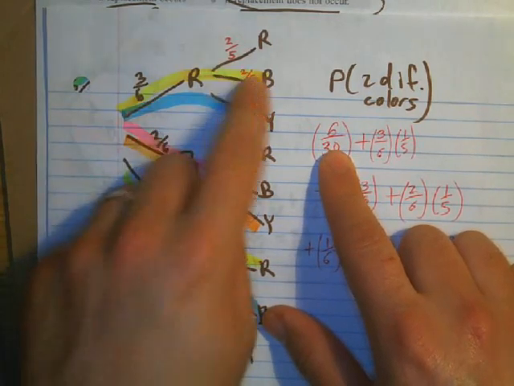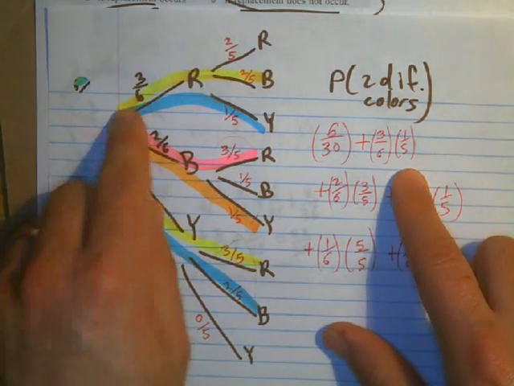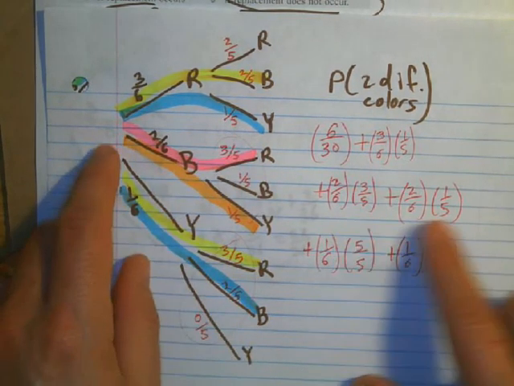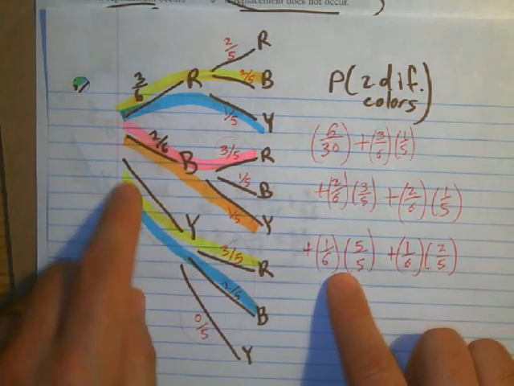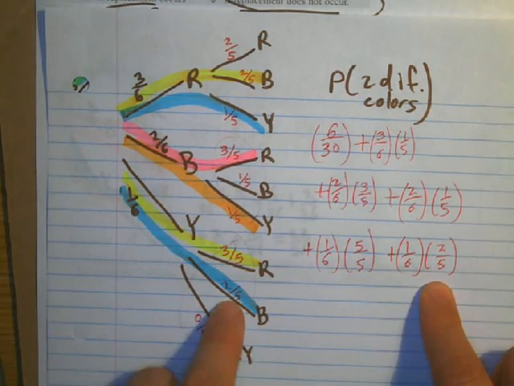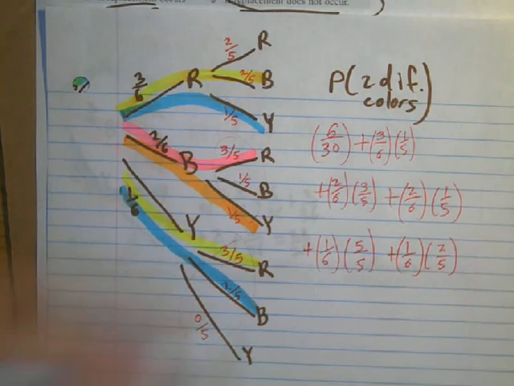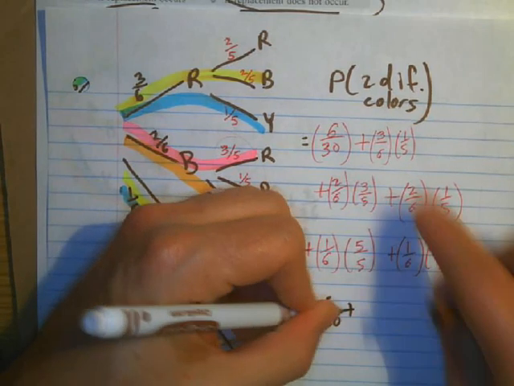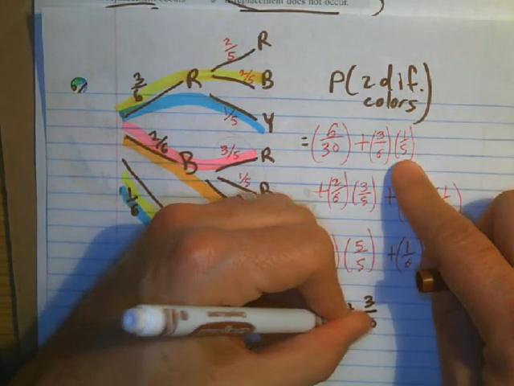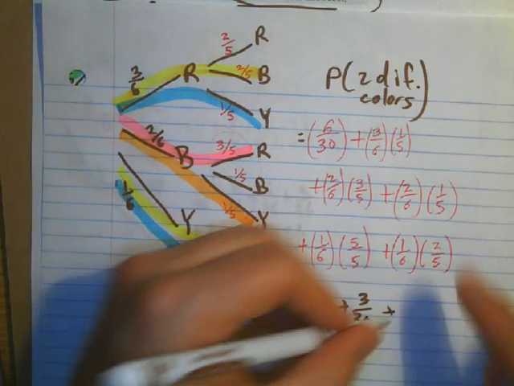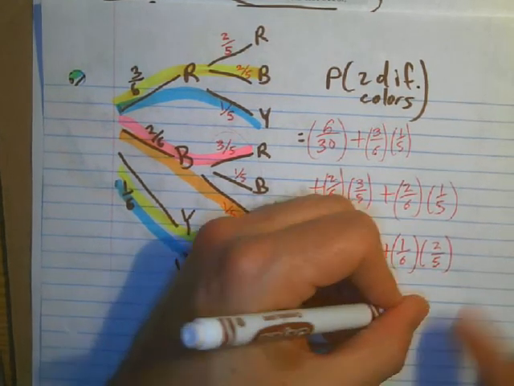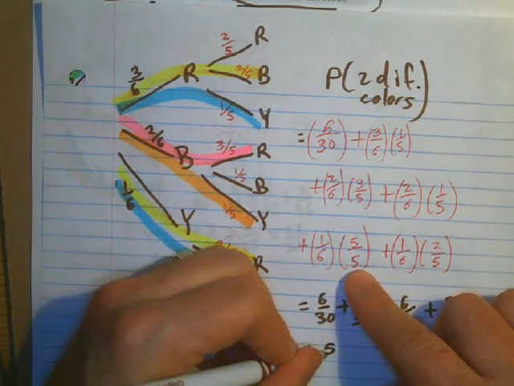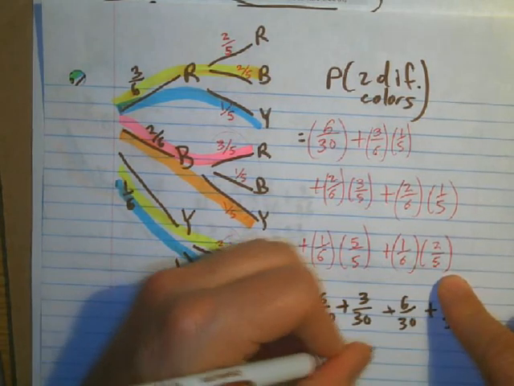So this is the yellow path. That times that is going to give me that. That times that gives me this. Here's the pink path, here's the orange path, here's the yellow path, here's the blue path. Now let's add those all together. So 6/30 plus 3/30 plus 6/30 plus 2/30 plus 5/30 plus 2/30.